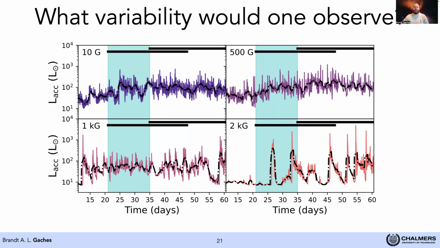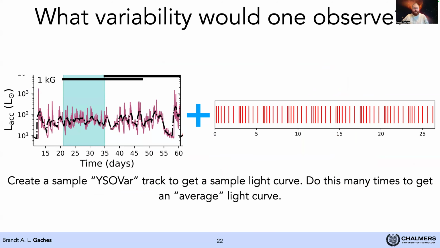The way that we did this is we looked at the YSOVAR cadence, because they had some of the best estimations of the variability, in part because they did this really clever thing where they had a logarithmic sampling curve where they went very rapid and then spaced it out and then repeated this pattern over and over again.